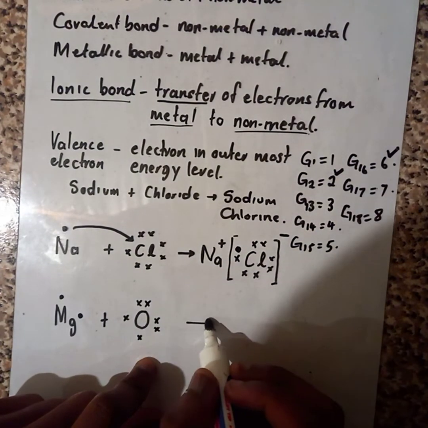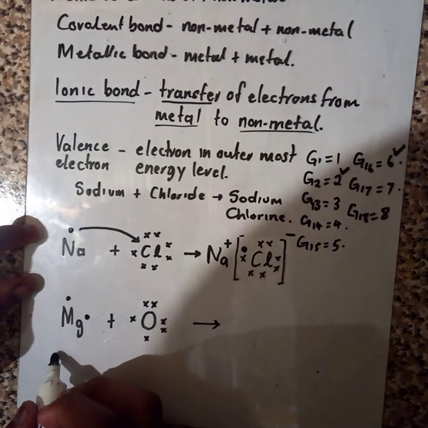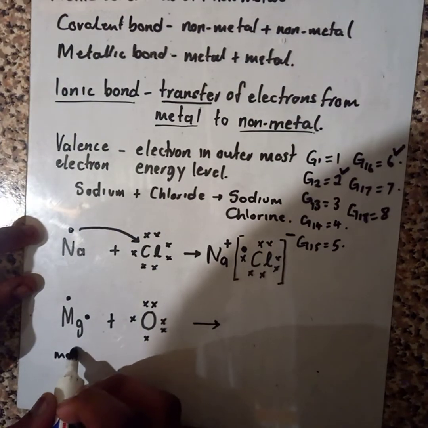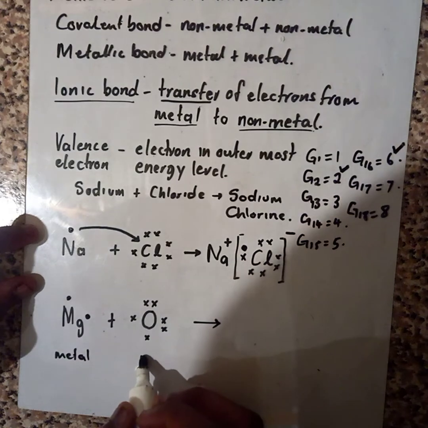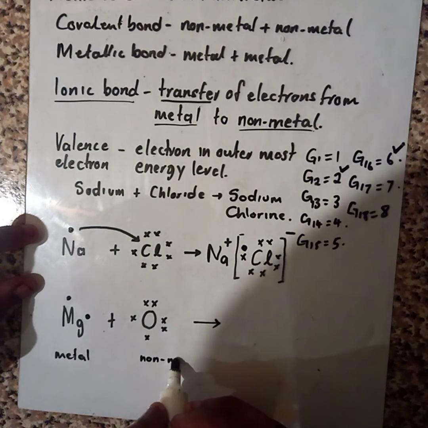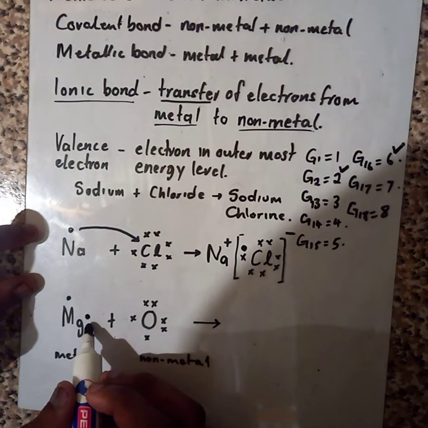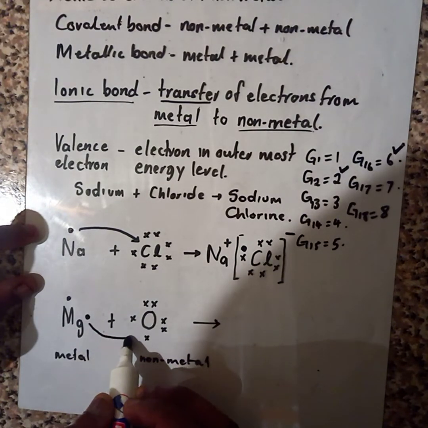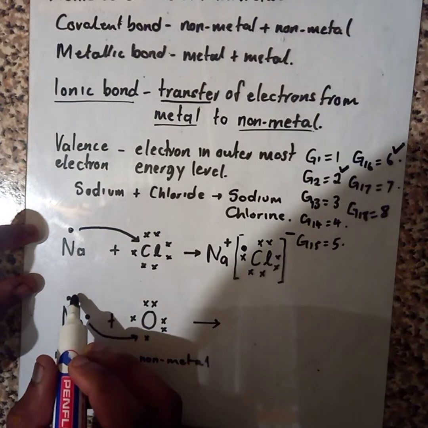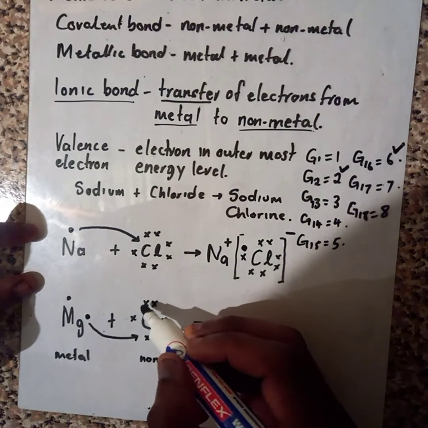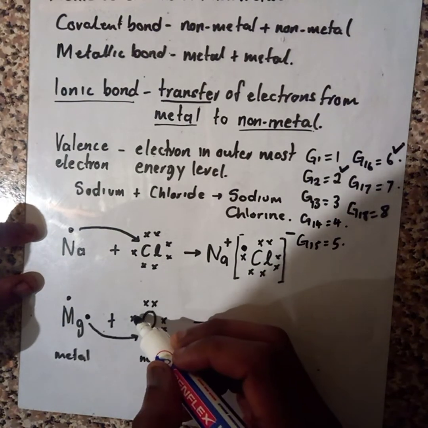You see, we have a metal this side together with non-metal. Always electrons will move from metal to non-metal. You see, so far I have 1, 2, 3, 4, 5, 6.